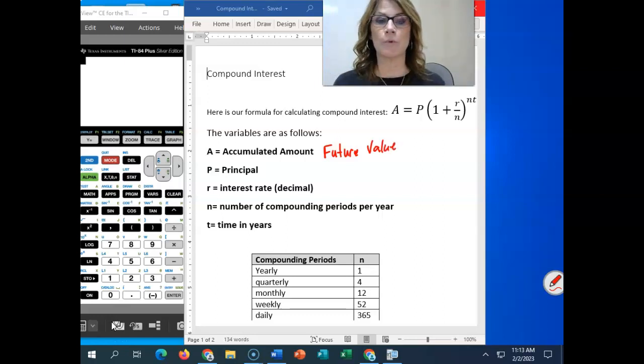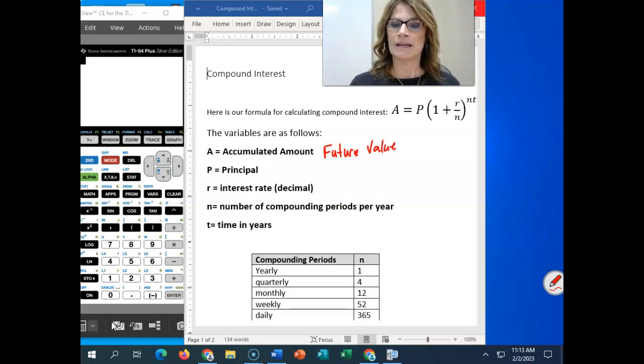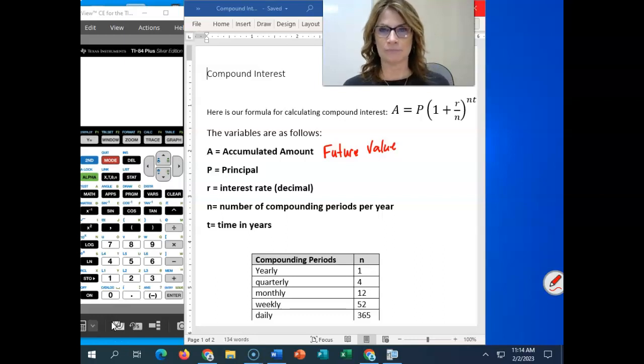It's how much you end up with at the end. Principal, how much we start with. R is your interest rate. Make sure you enter that as a decimal. N is the number of compounding periods per year. And T is our time in years.